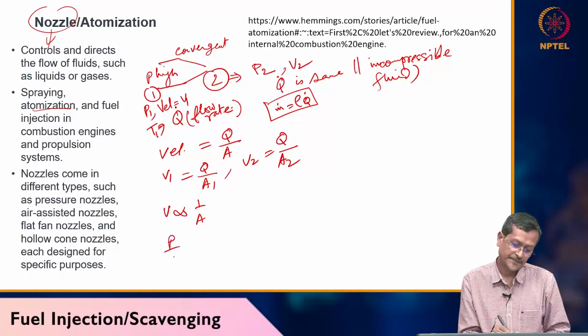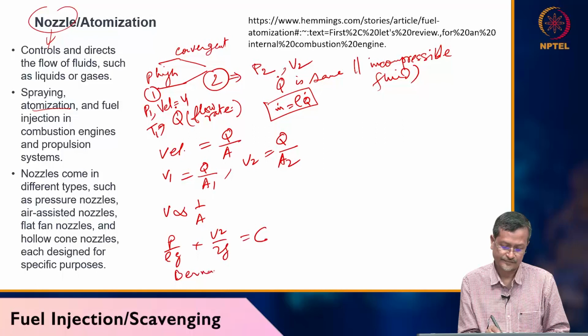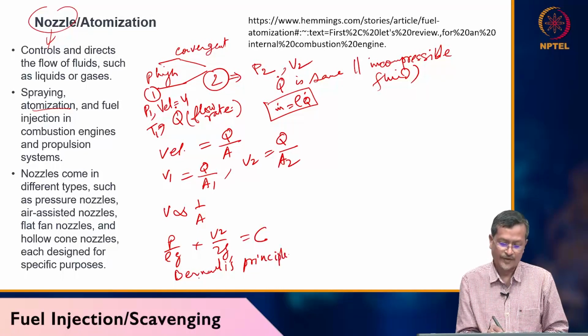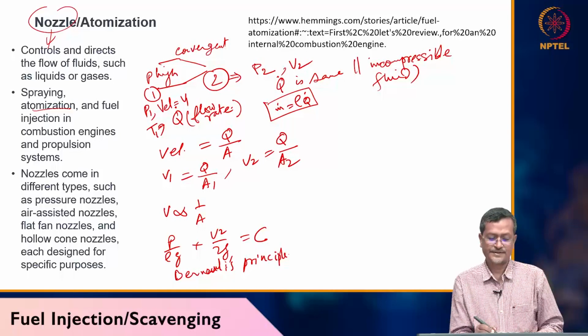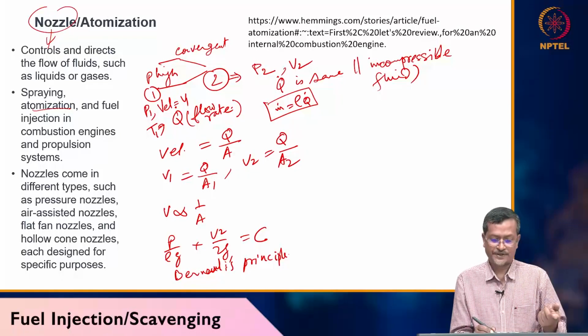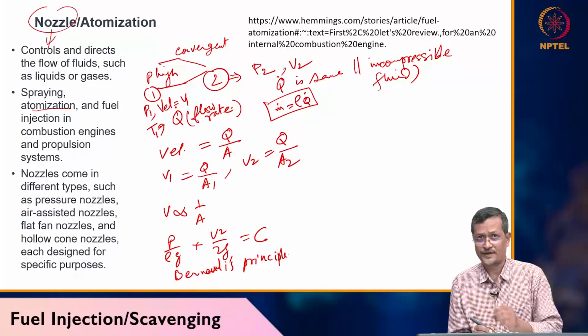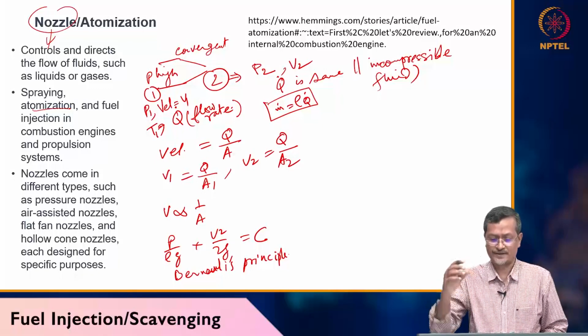How? P by rho g plus V square by 2g equals constant. Bernoulli's principle says that P by rho g plus V square by 2g should be constant if we are assuming it is at the same height, z is constant.